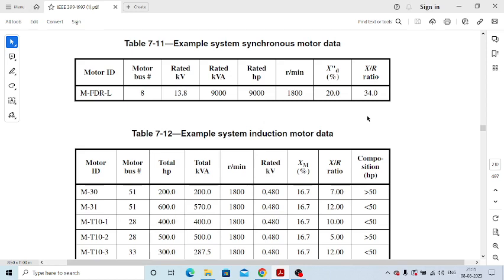At the time of fault all three windings become parallel, so the net impedance will be less. That impedance normally contributes the higher fault current, so we account for that impedance in the short circuit studies.